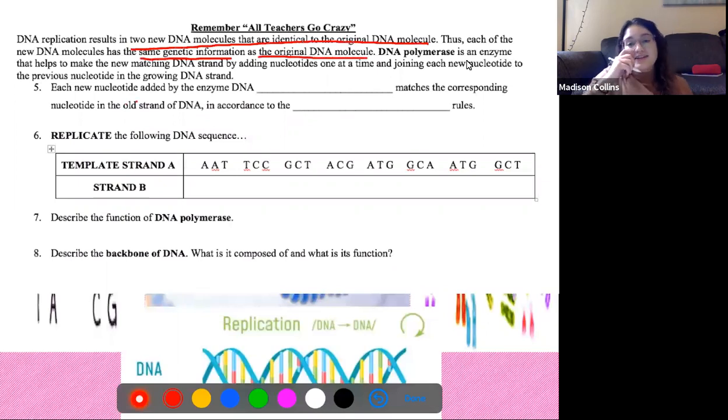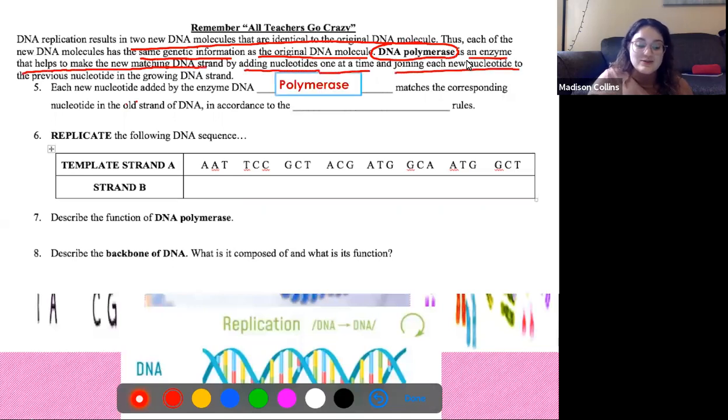And this is all because of the action of that enzyme I just told you guys about, DNA polymerase. This is the enzyme that helps to make the new matching DNA strand by adding nucleotides one at a time and joining those nucleotides to the previous nucleotide in that growing DNA strand. So he again is going to run along that original strand and fill in the bases that need to match.